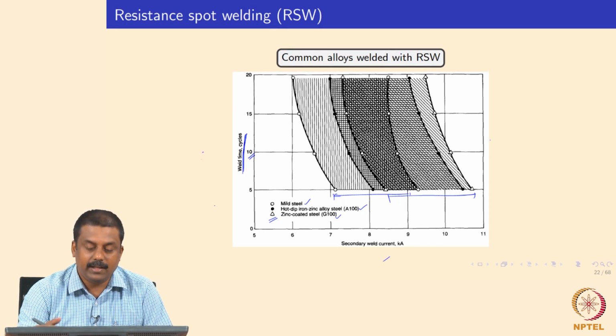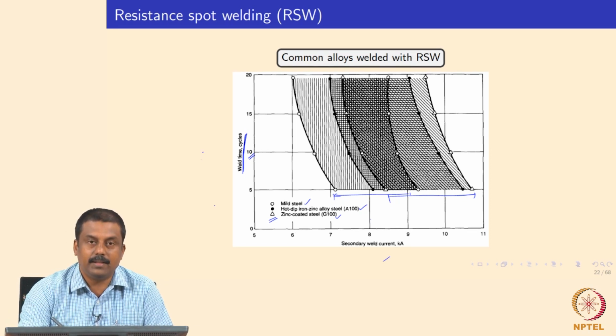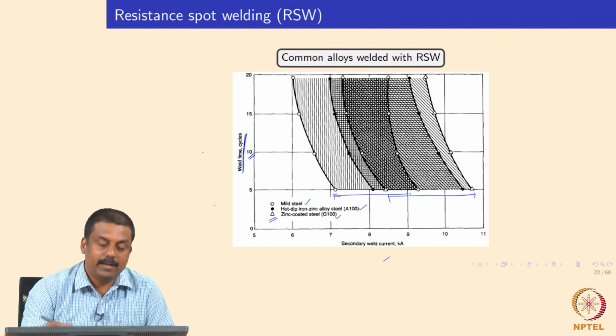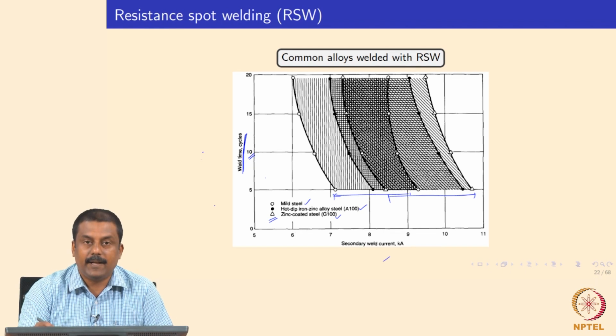You see over here the composition of the steels is the same, but just by changing the surface characteristics, your welding parameters change significantly. We are varying from 7 kiloamperes to close to 11 kiloamperes in order to make a given weld nugget diameter. So this process is extremely sensitive to a change in thickness, surface characteristics, as well as the composition of the material.